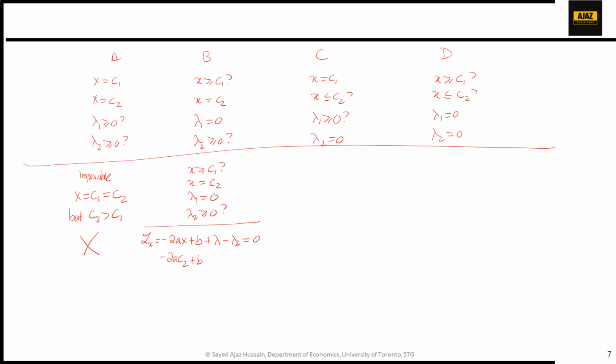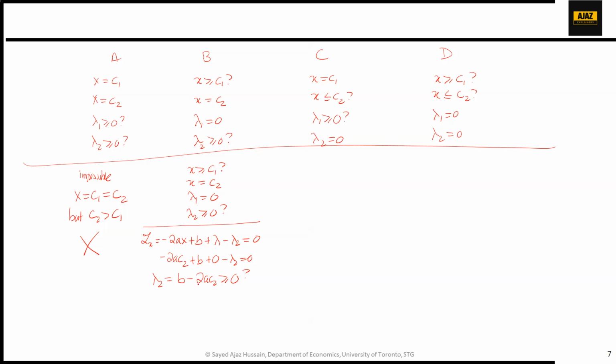We have b over here, lambda 1 is 0, and now minus lambda 2. And we know that lambda 2 is required to be positive, so isolating lambda 2 gives you b minus 2ac2. And we wonder when this is bigger than or equal to 0.